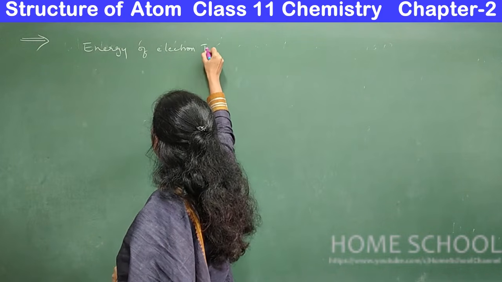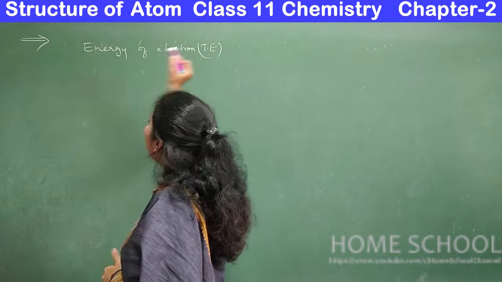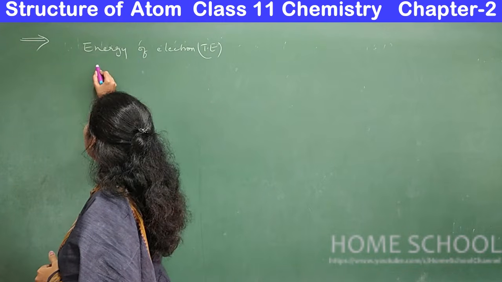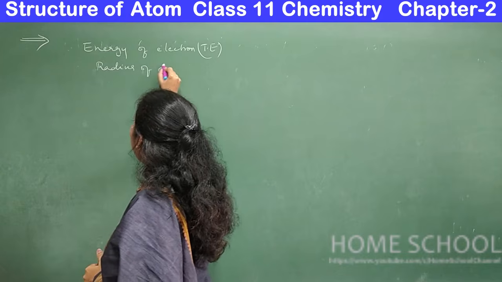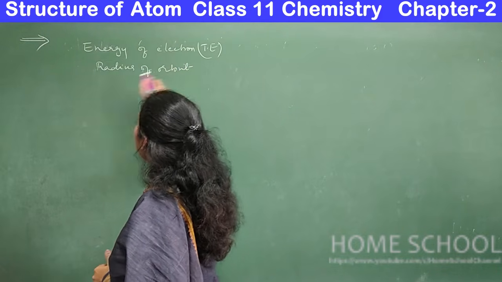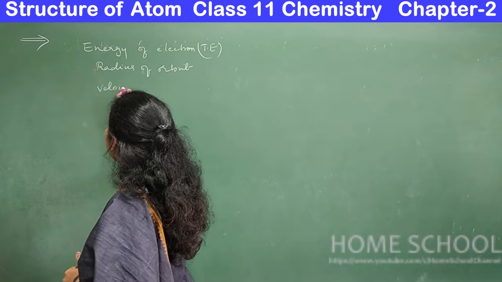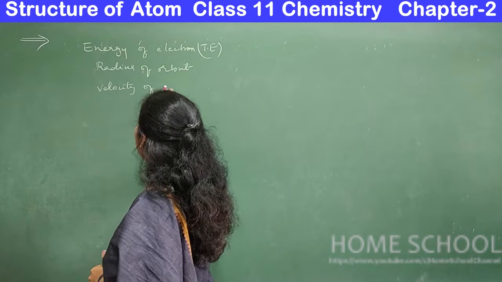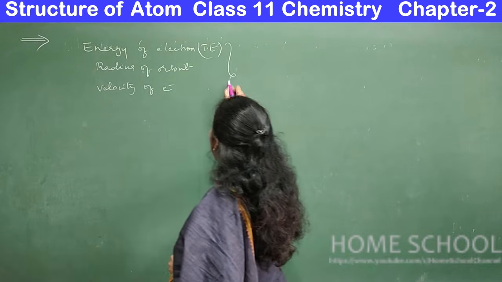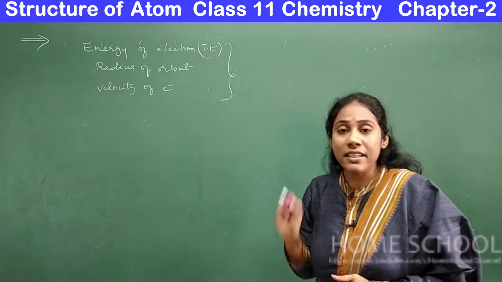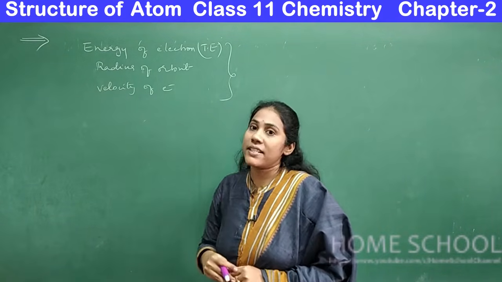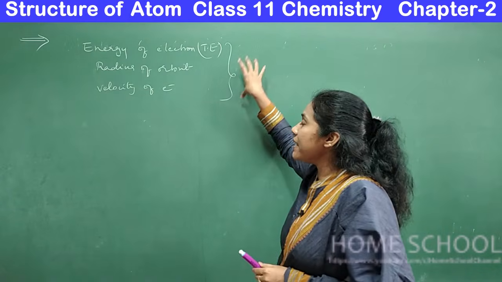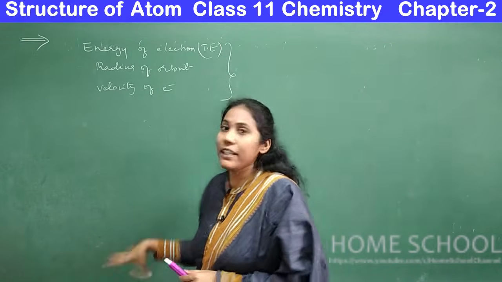We have a formula for total energy, and he also gave a formula to calculate the radius of an orbit, and one more formula we studied, to calculate the velocity of an electron. On these formulas, let us discuss a few questions that can come in competitive exams. If you know these three basic formulas, you can solve any question.